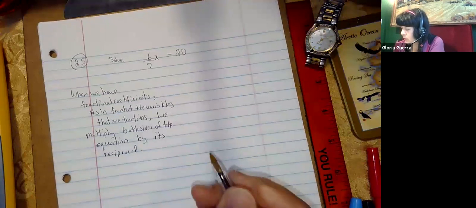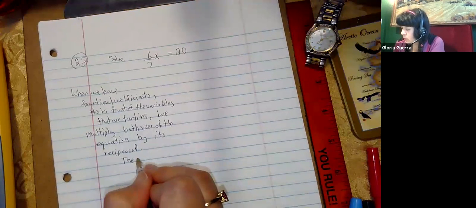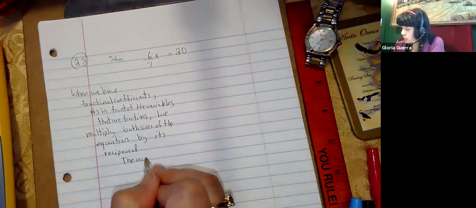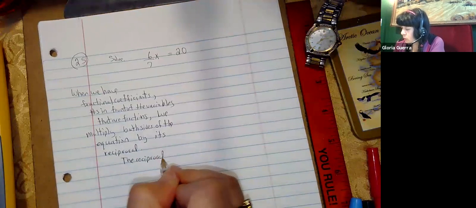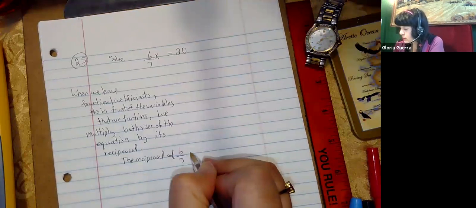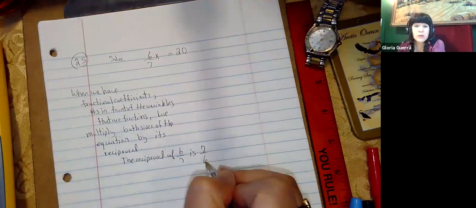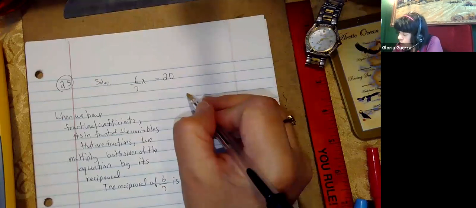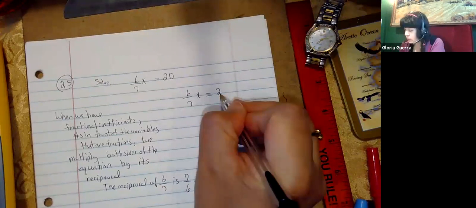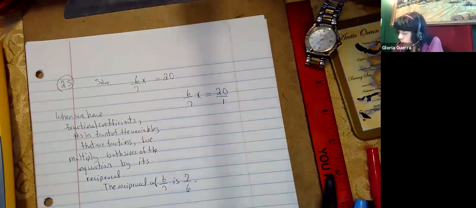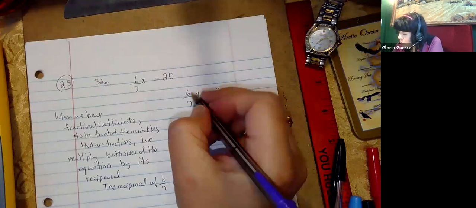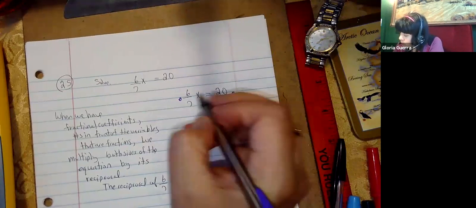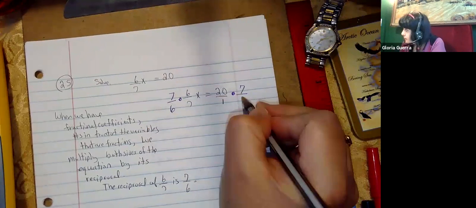And the reciprocal of 6/7 is 7/6. Okay, so I have here 6/7 x equals 20. I'm going to put 20/1, and I'm going to change my ink and put a times on both sides, and I'm going to show multiply by 7/6.